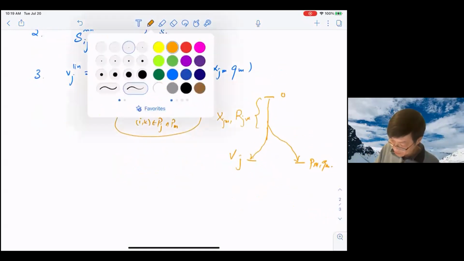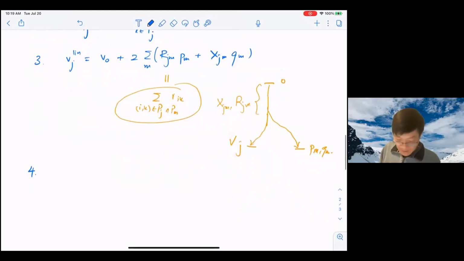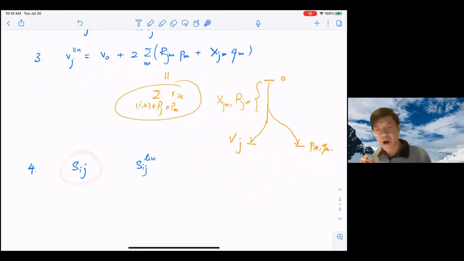Now, moreover, you can show the relationship between linear and nonlinear solutions. Okay, so you compare S_ij and S_ij lin. S_ij is the power flow solution from your original nonlinear DistFlow model, which you can think of as the reality. It's a more realistic model. And then you think of S_ij lin as an approximation of this, a solution of the linearized model.